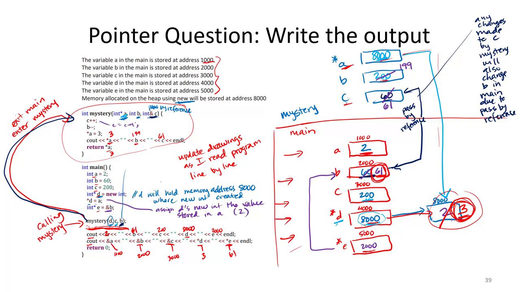So there you have it. You can see that these drawing problems might have a lot of steps and a lot of things to keep track of, but they're really great practice to make sure you truly understand how pointers work. So please make sure you take the time to go through this example on your own and verify that you can get the same result that I did.